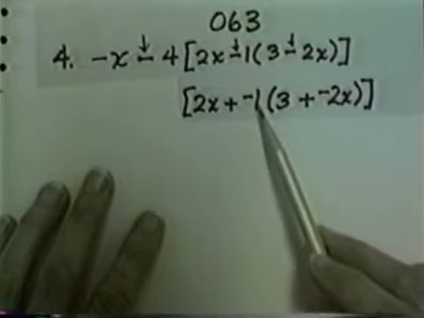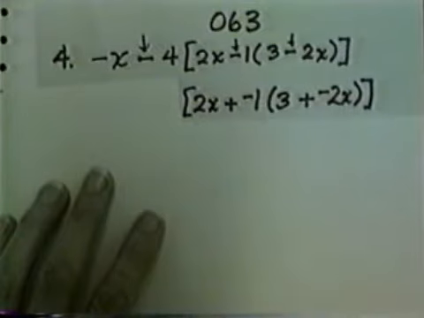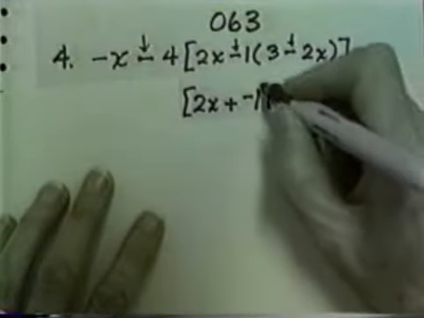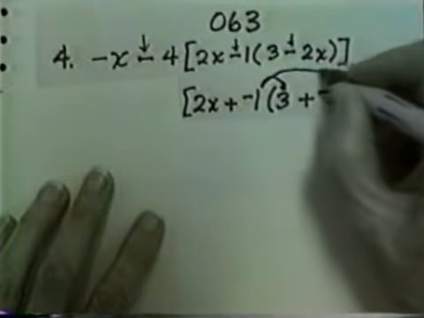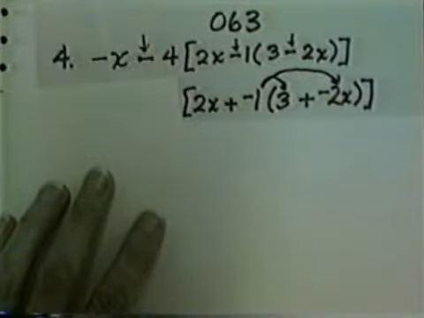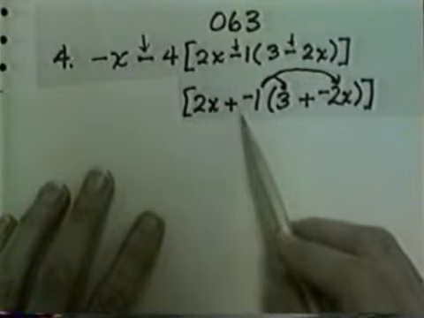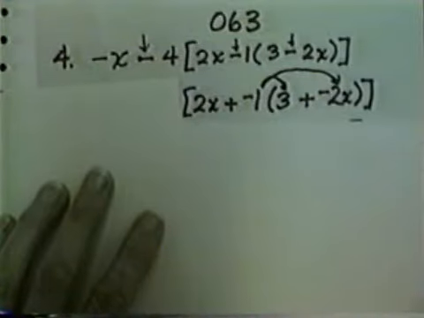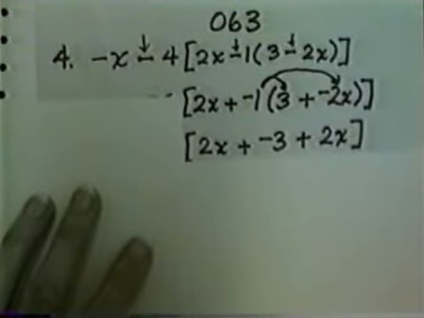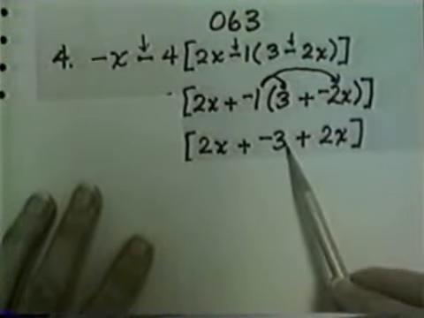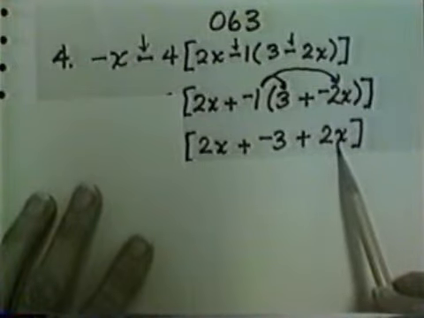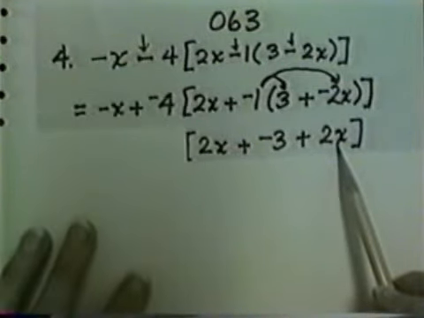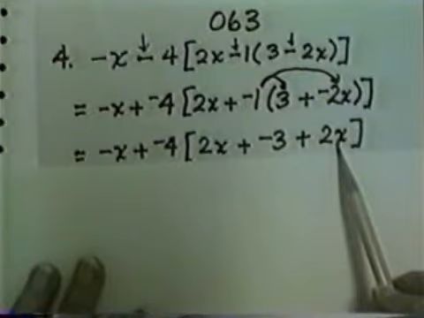And so we must multiply the -1 times the expression in parentheses. -1 is multiplied times the 3 and times the -2x. And so within the brackets, we'll write 2x plus -3 plus 2x. The rest of the problem is simply copied as it is.